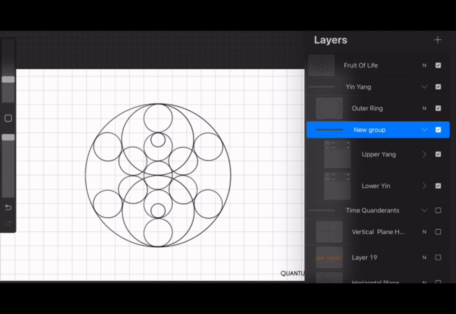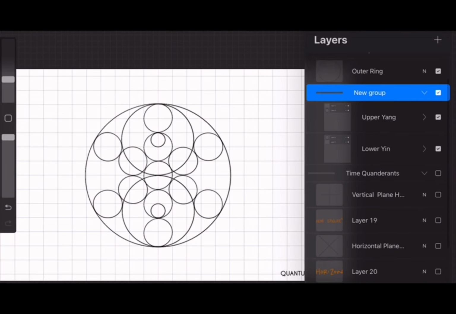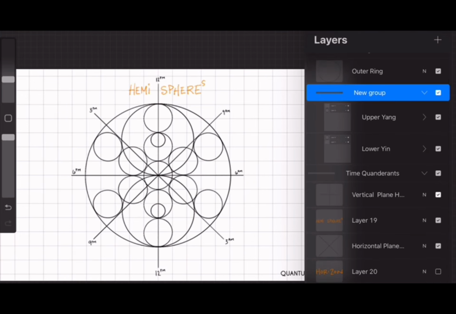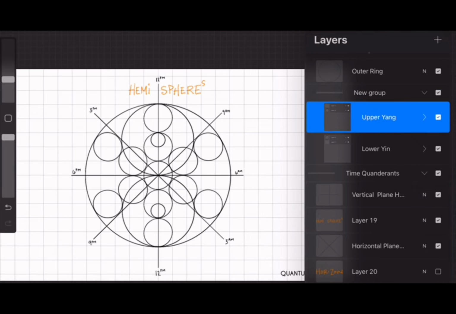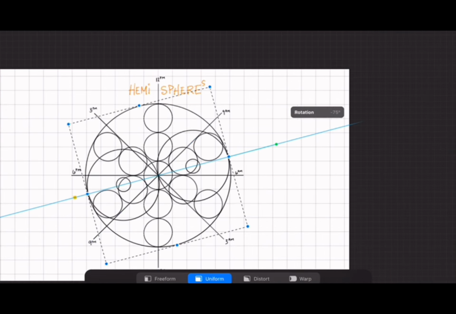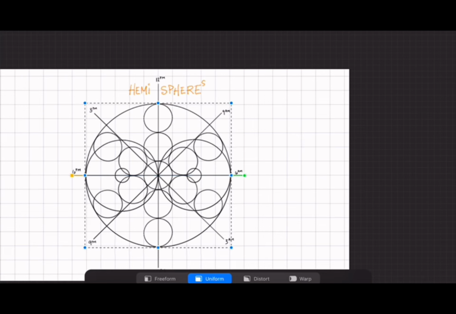So then you can see as we go back to bringing in the vertical plane, the upper yang is above the vertical plane, and the lower yin is below the vertical plane. And so both the yin and yang in this very still shot are in the left and right hemisphere, but we could easily rotate it to where the yang and the yin would be in left and right hemispheres.